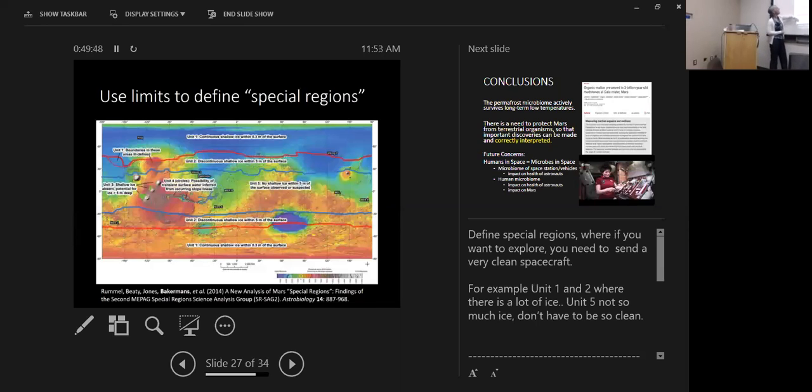Okay. And then in the equatorial regions, it tends to get hotter and much drier. So there's hardly any ice there that we can really document. And if there is, it's certainly not very close to the surface. So we're not as concerned sending Earth missions there, because we don't expect much to be able to happen there either. Okay.